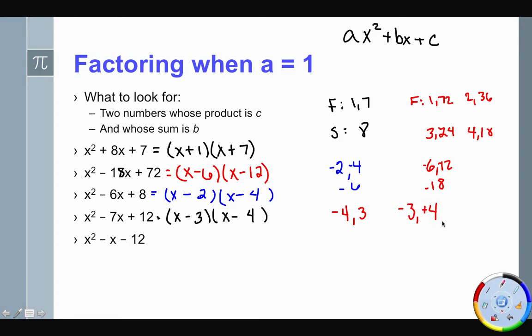If I added the one on the right, I would get a positive 1, but if I added up this one, I'd get a negative 1. Since that gets what I want, that's my answer. So I get x minus 4 and x plus 3.